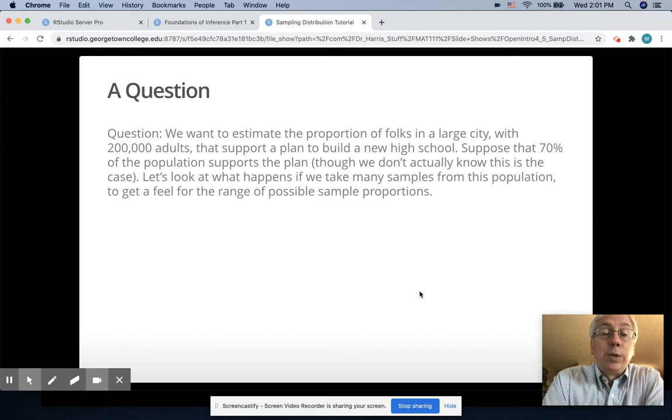And so we're going to look at the output of a number of scenarios where we have different size samples to get a sense of what happens with the distribution of the sample proportion if we were to essentially repeat the process of conducting these polls over and over and over again.